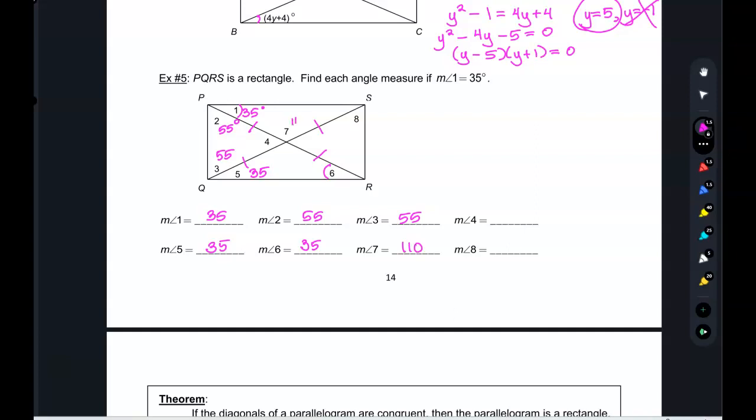We said this was 70. Good. So in a rectangle, if all you know is one angle, we can figure out all the other angles based on the fact that these are all isosceles triangles. Okay?